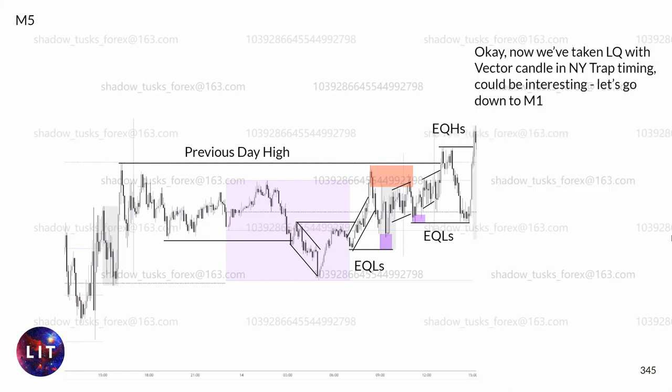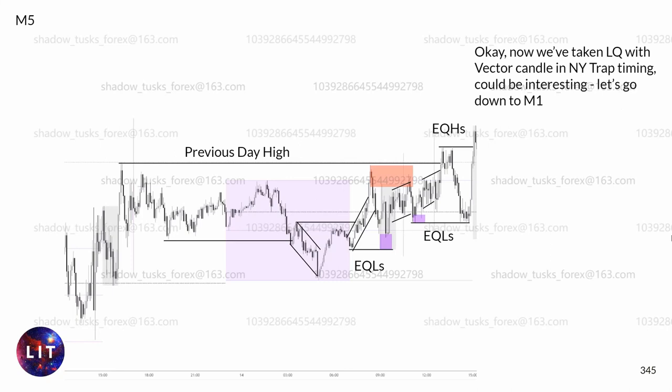Okay, now we've taken liquidity to the top side with a vector candle, vector candles in New York trap timing. So this is the point where you can jump down onto the M1. You should not constantly be sitting on M1.